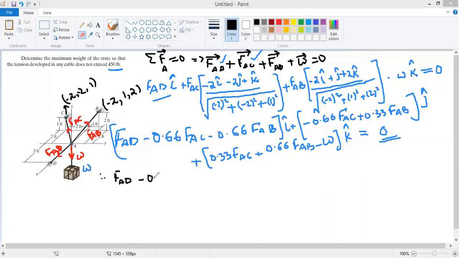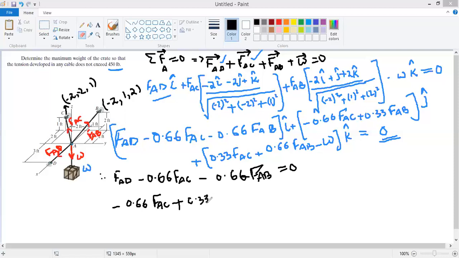Therefore we have FAD minus 0.66 FAC minus 0.66 FAB should be equal to 0, and we have this condition as well: minus 0.66 FAC plus 0.33 FAB should be equal to 0.